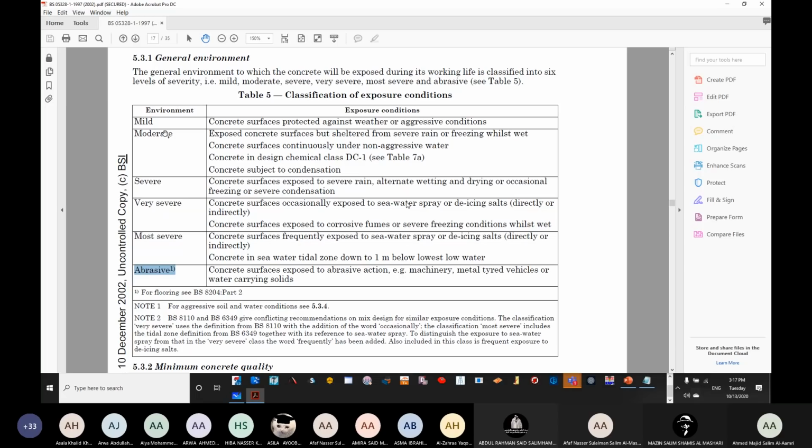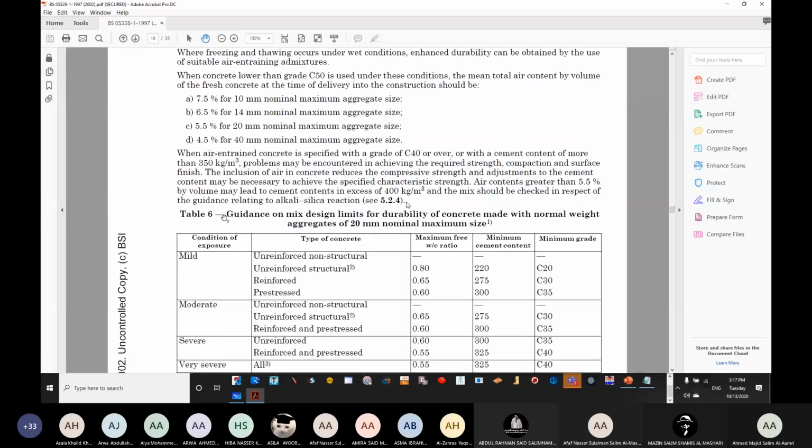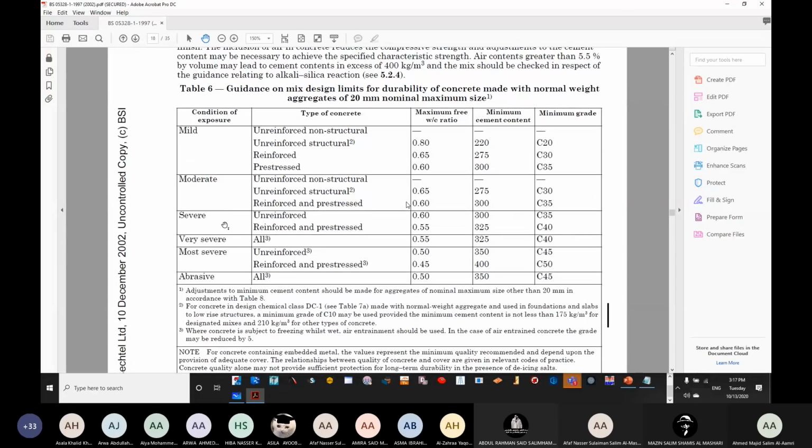Now, after deciding which condition to go for, you will be able to find in the second table, you will be able to decide which grade to go for. Now, the code says for you, if your condition is mild and you are having reinforced, then the proper grade is going to be C30. If you are designing your structure to be a moderate and then it was reinforced, then the proper is going to be C35.